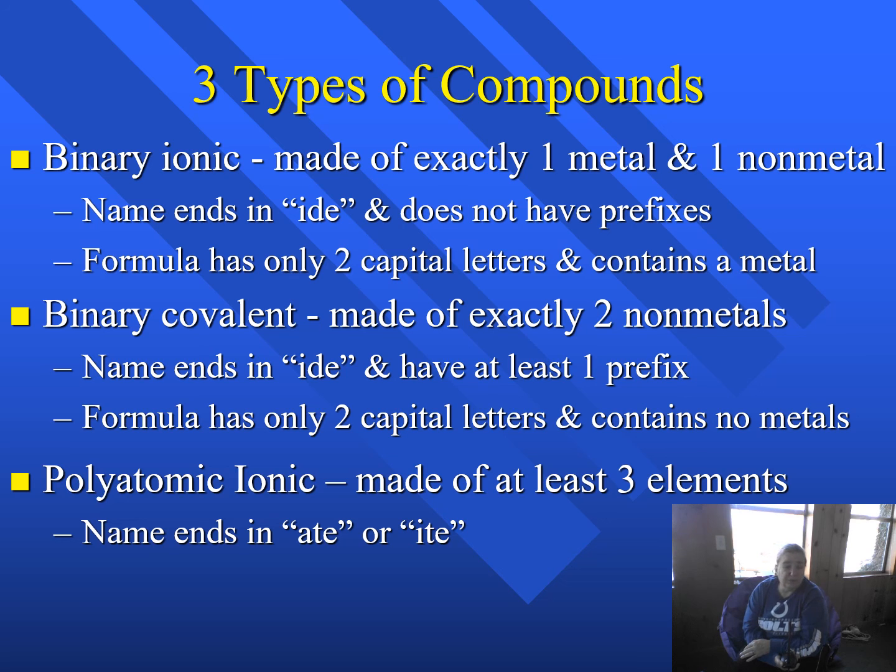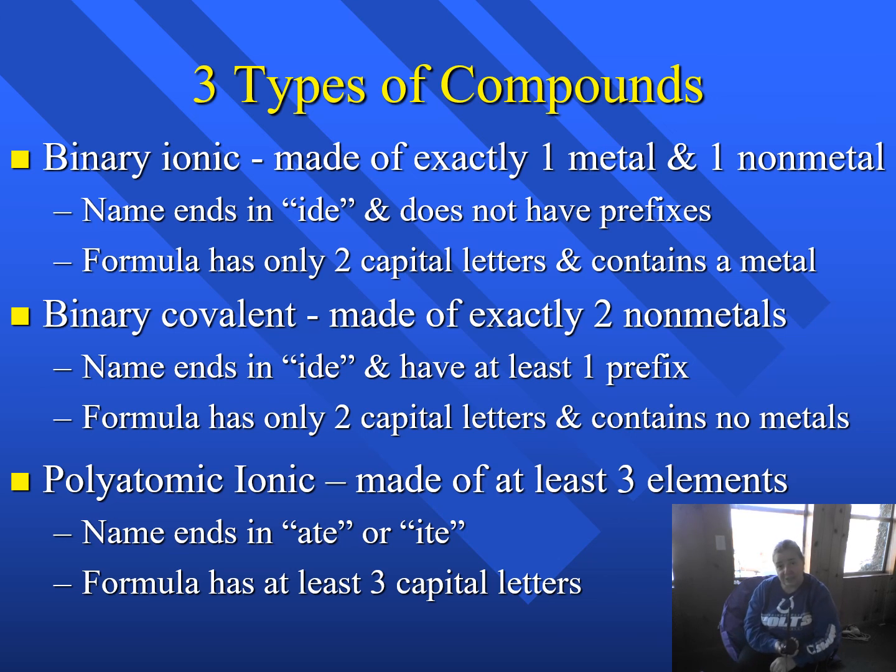And if you're looking at the formula, it's even easier because since it has 3 or more elements, there will be 3 or more capital letters. So if there's more than 2 capital letters, you know it's guaranteed to be a polyatomic ionic. So those are the 3 types of compounds.